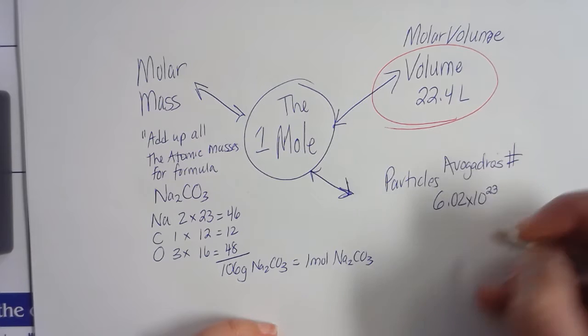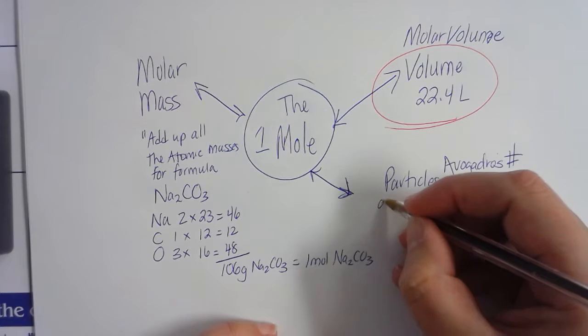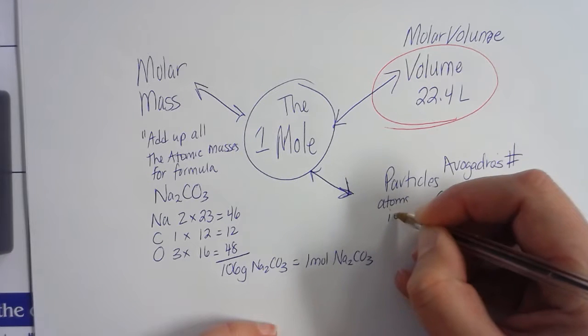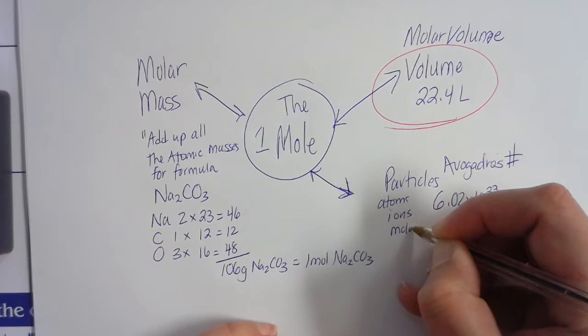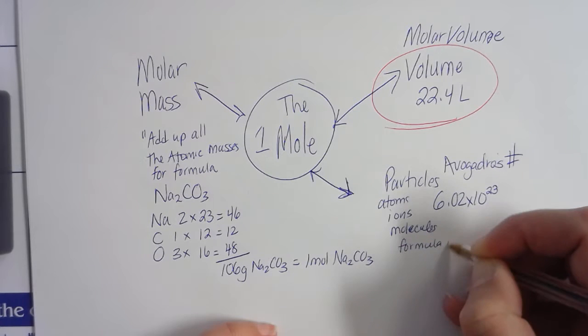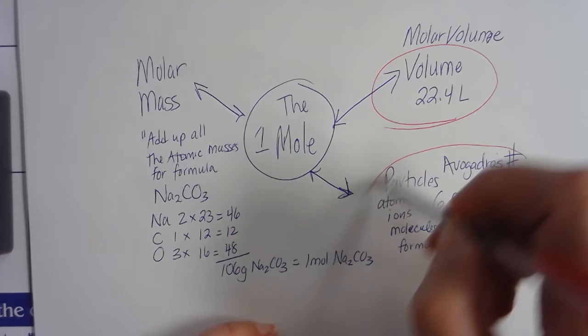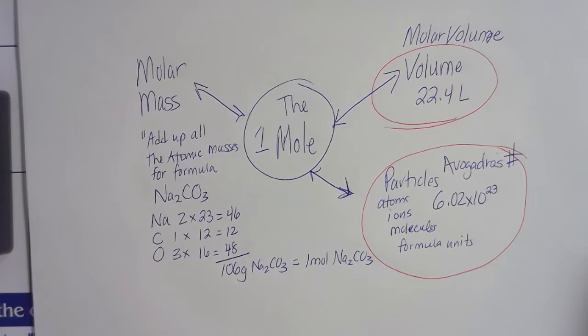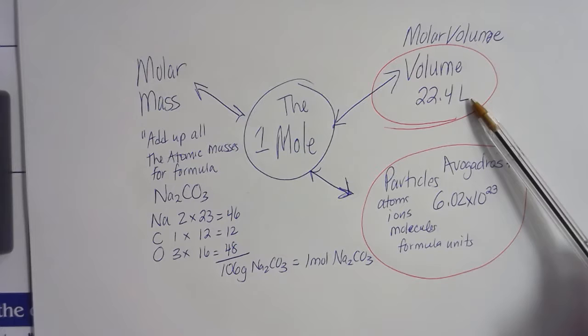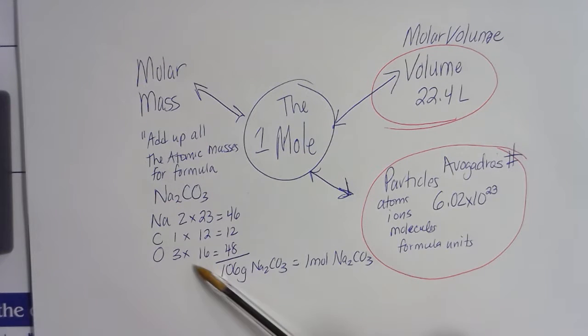And this is equal to, what are the units that particles can be? Atoms, ions, molecules, formula units. Okay. This is a number that you're going to need to commit to your brain as well. So you need to know the molar volume and you need to know Avogadro's number.